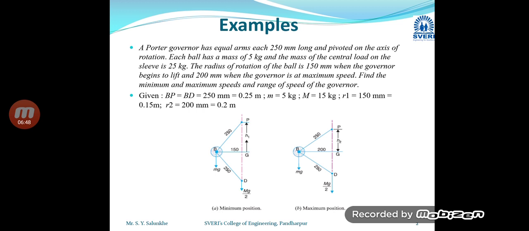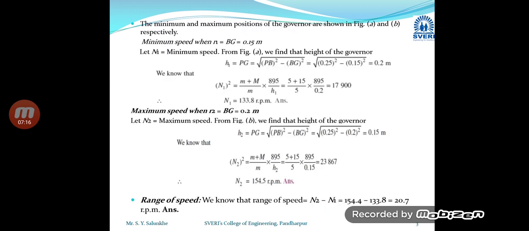Here we can see the distance h1 is the PG distance, and in this diagram we can use the triangle BPG. In this right angle triangle BPG, using Pythagoras theorem, we can write PG is equal to under root PB square minus BG square, that we have written here, that h1 is equal to PG is equal to under root PB square minus BG square.